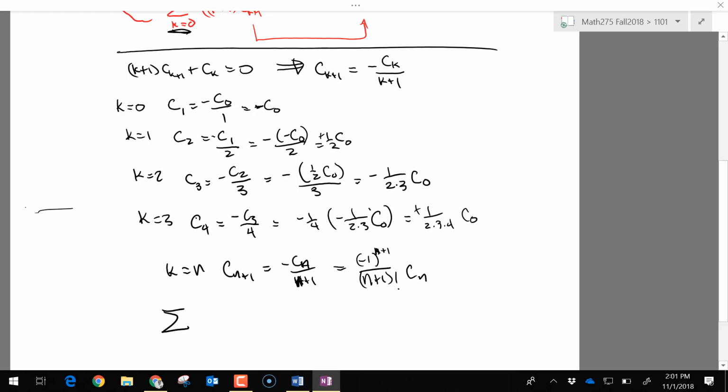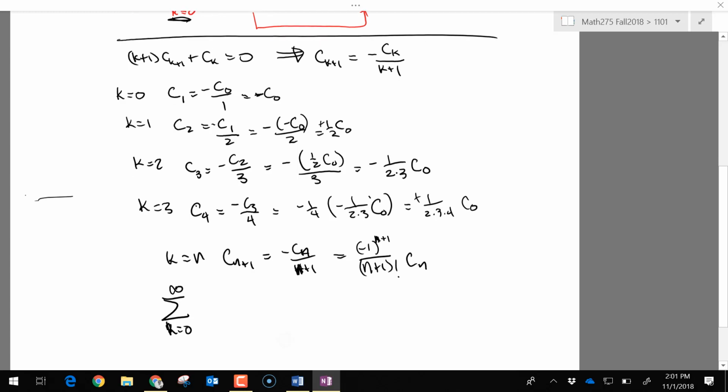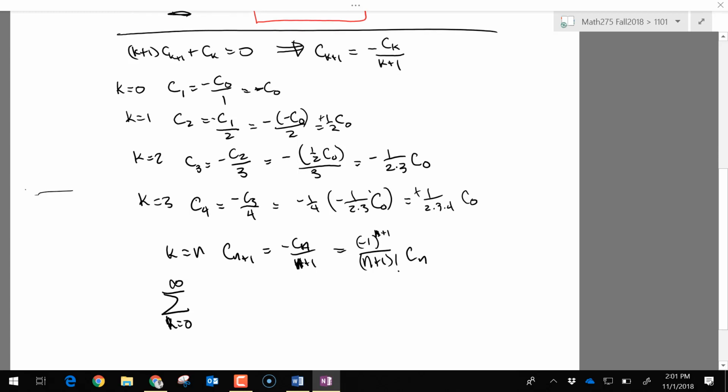So my series then is going to look like the sum, k starts from 0 to infinity, of negative 1 to the k.